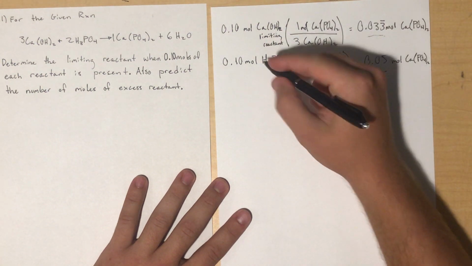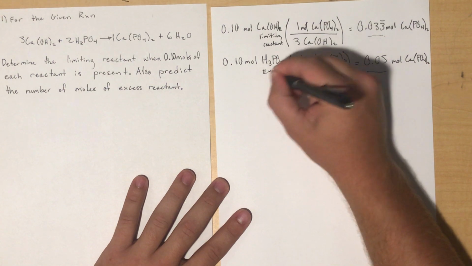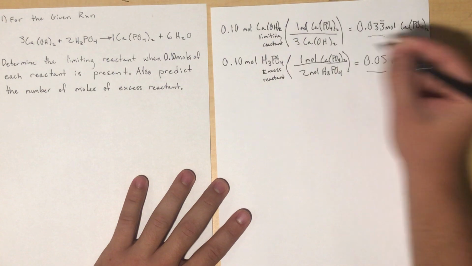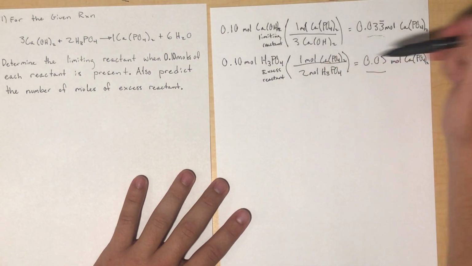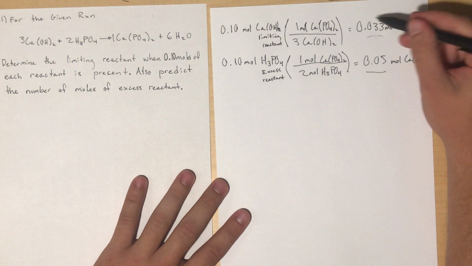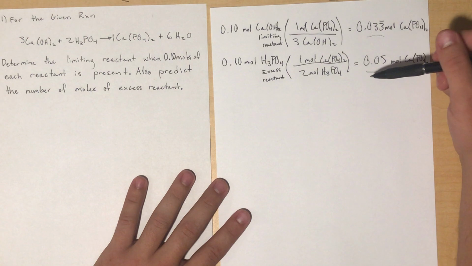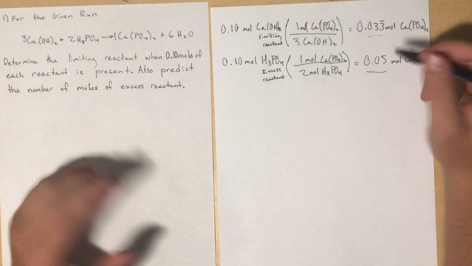And that makes this one the excess reactant. So now that we know both of these, this is the actual amount of moles of product that we could produce in this reaction.